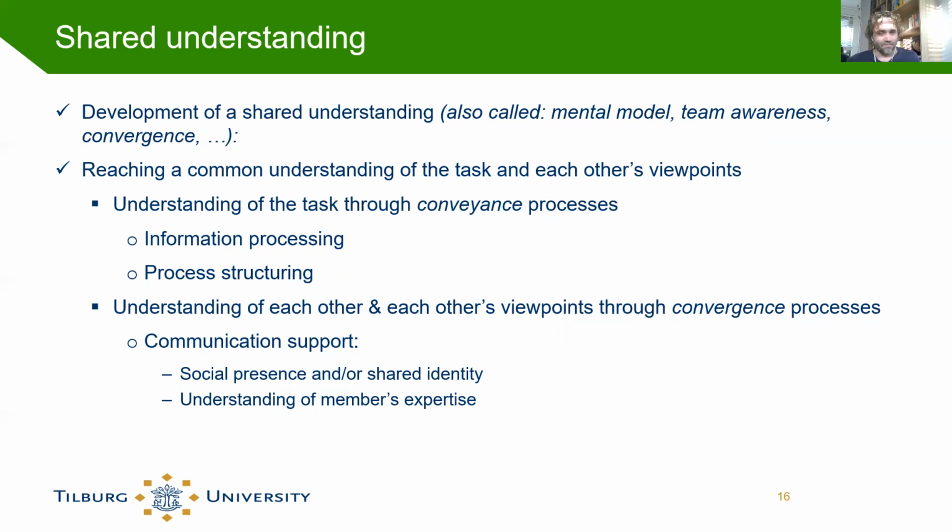Communication support is mostly about convergence. It's about getting to know each other. It's about discussing, and negotiating what the best solution is for a problem. And in order to support that, you need communication support, video conferencing, creating a shared identity, those kinds of things.